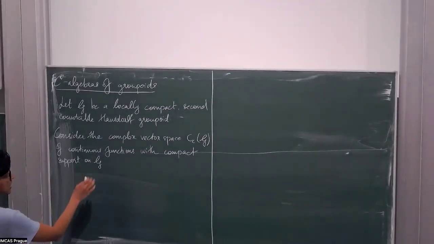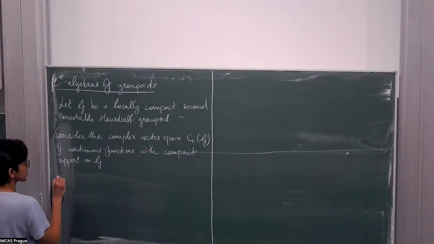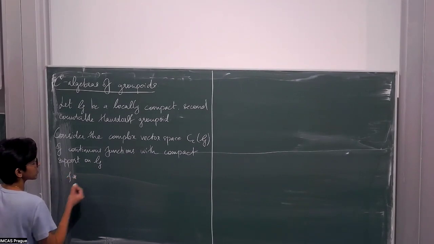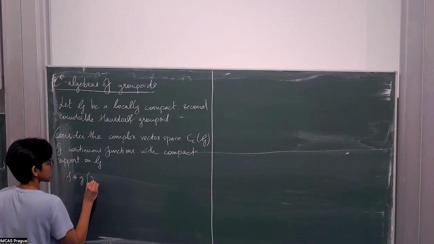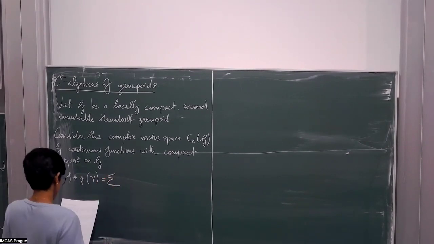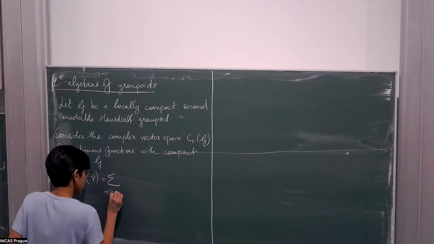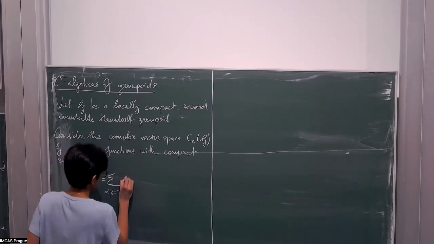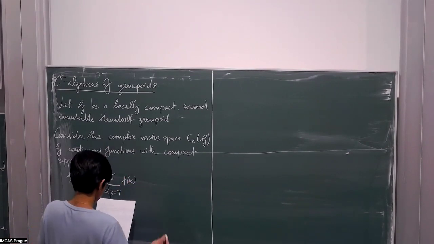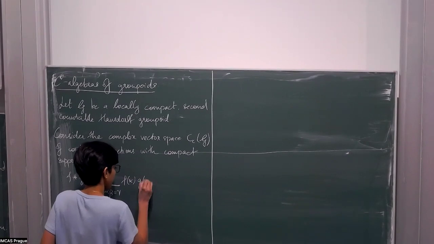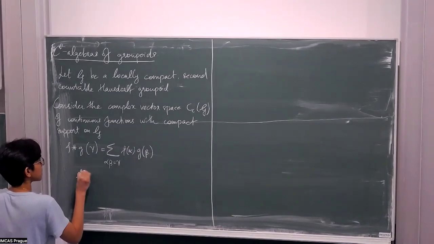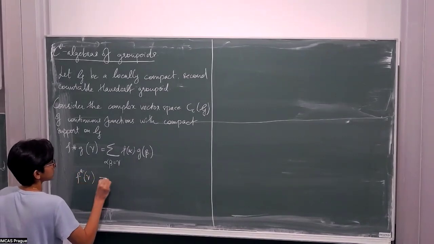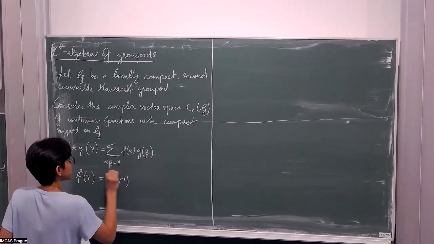Then this is actually a star algebra with the following structures. I can define the product of two elements f and g as (f * g)(gamma) is the sum over beta alpha equal to gamma of f(alpha) g(beta), and f star of gamma is just the conjugate of f of gamma inverse.